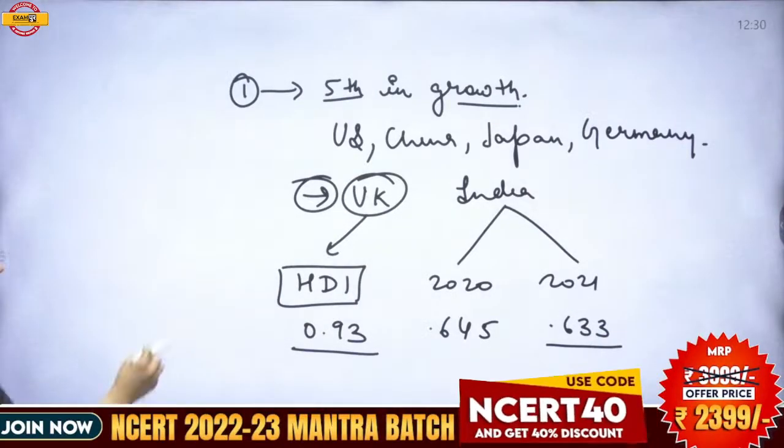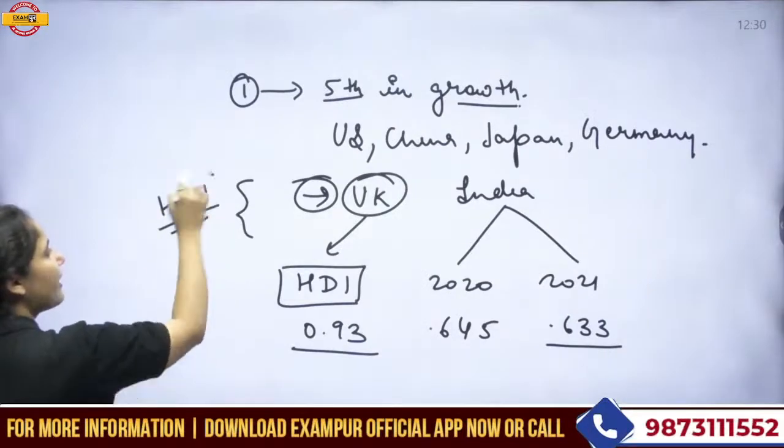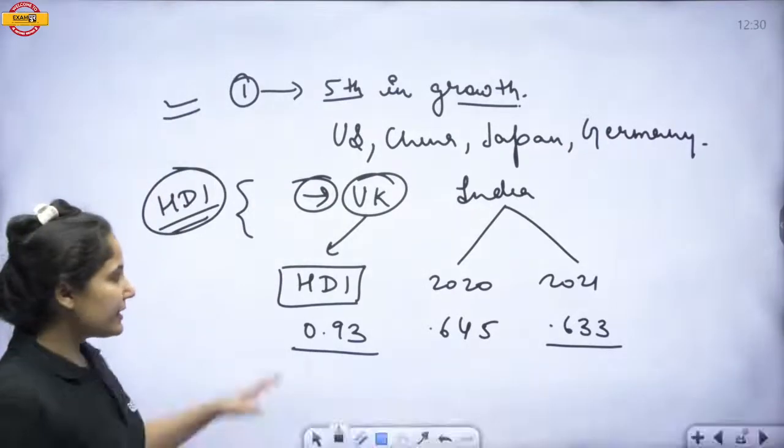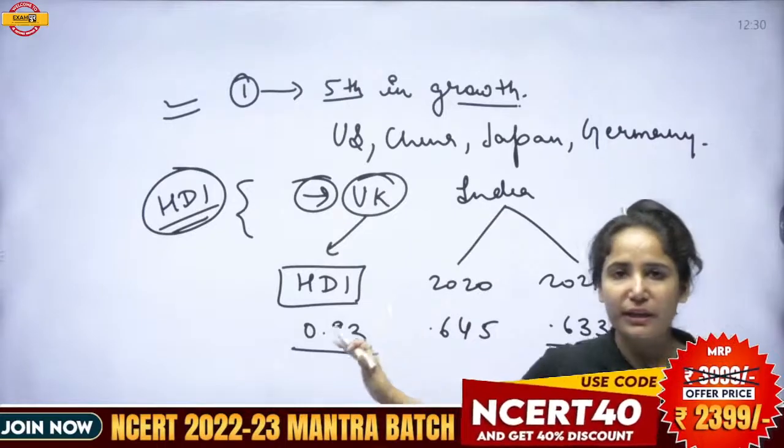Okay. This is the indicator we are establishing for HDI. This is the developmental clue and this is the growth clue. And this is going to make the stability and sustainability in the economic region.